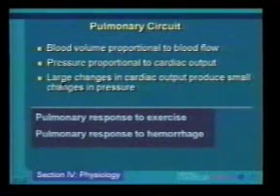Now, finally here, large changes in cardiac output will produce only small changes in pressure. This is because it's a very compliant circuit. If you increase cardiac output, you will always get a passive vasodilation, and that will minimize the increase in pressures.